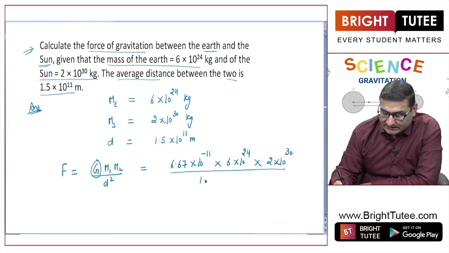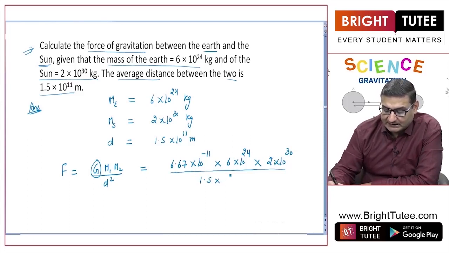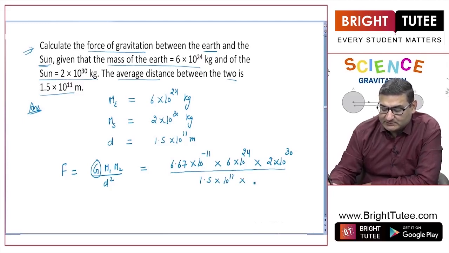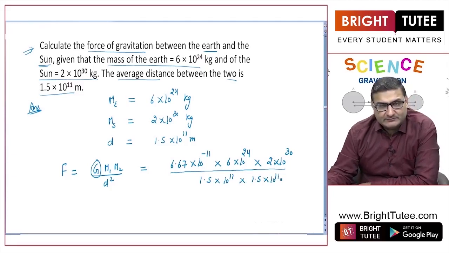The distance between the sun and earth is 1.5 multiplied by 10 to the power 11, and since we have to take the square of it, let us multiply it 2 times. So, these are the values that we have put in.